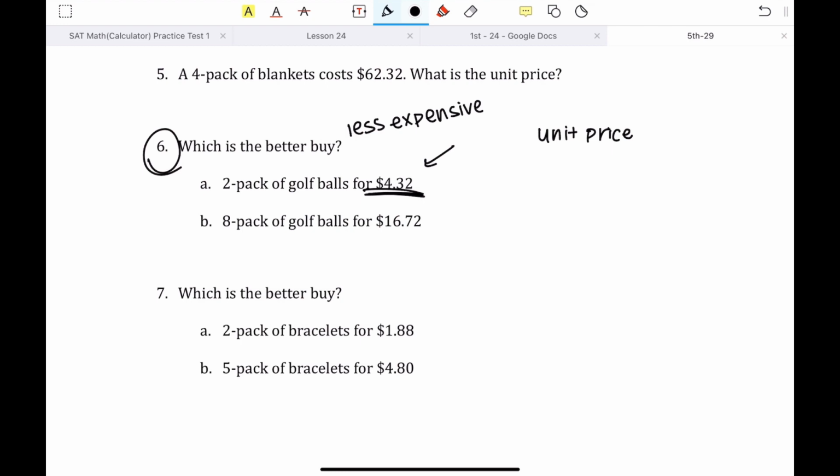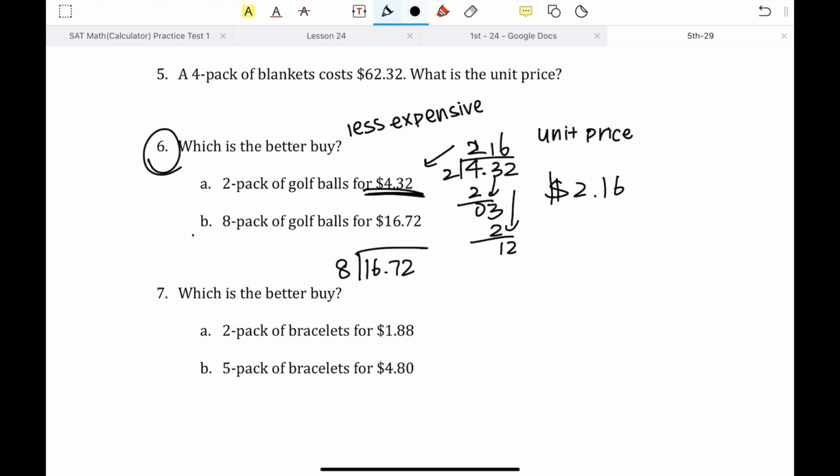So now we're going to do A and find the unit price of that. We're just going to do $4.32 divided by 2. You should get $2.16. Now we're going to do 16.72 divided by 8 to get the unit price for B. You should get $2.09.